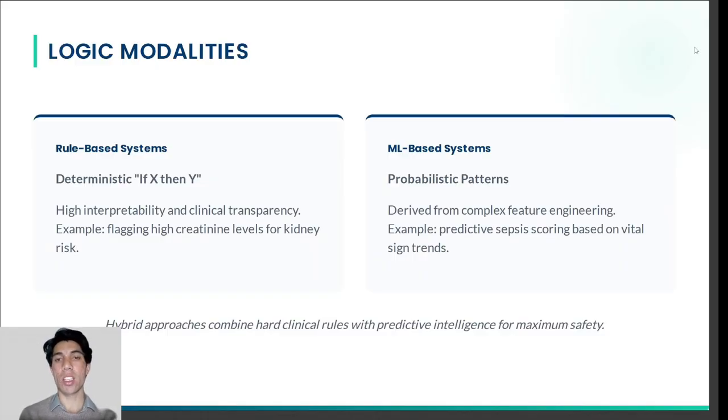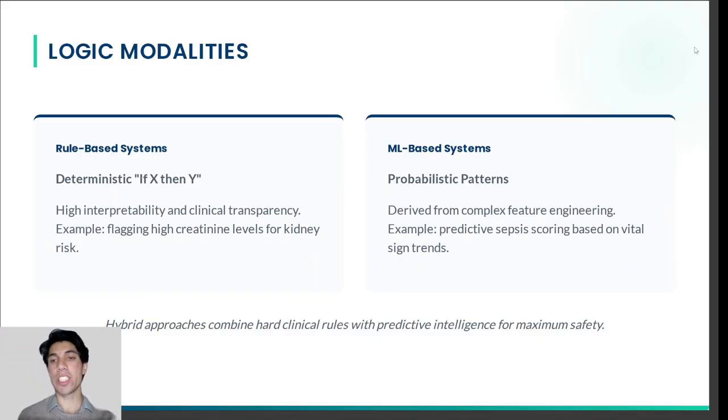On the other hand, there are machine learning based systems, which are probability patterns. These systems are basically machine learning models trained on large amounts of data, and these models learn underlying patterns in that data, and then on the basis of those underlying patterns they can make decisions, and these are derived from complex feature engineering.